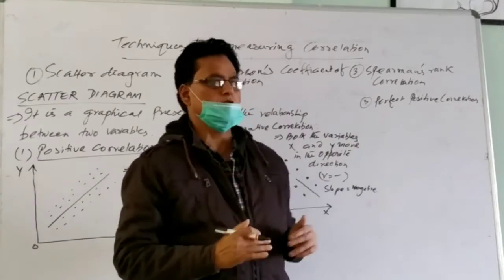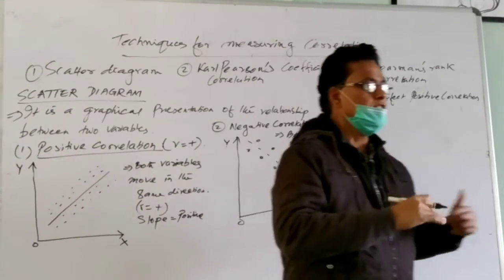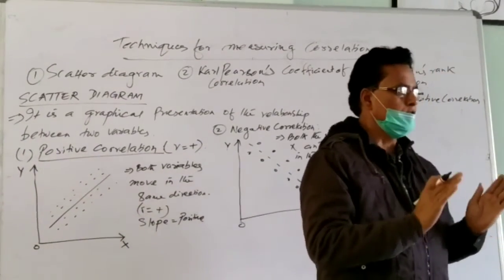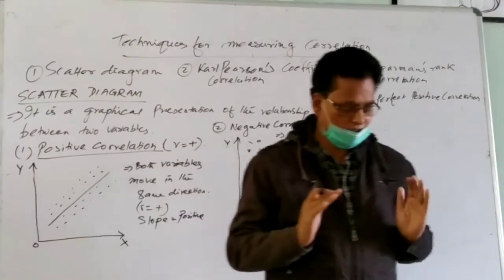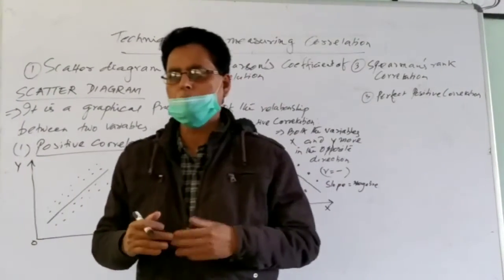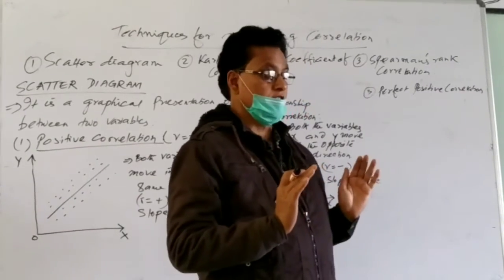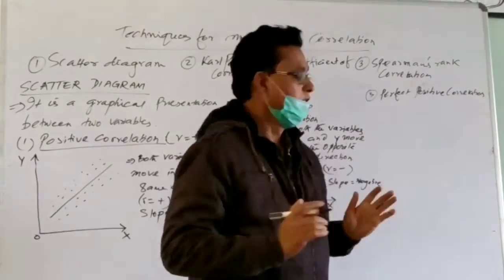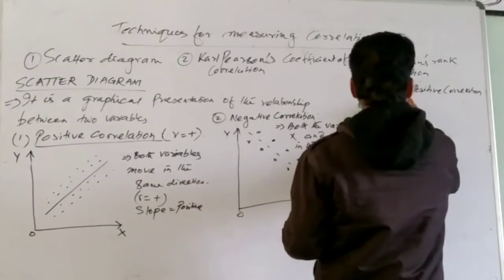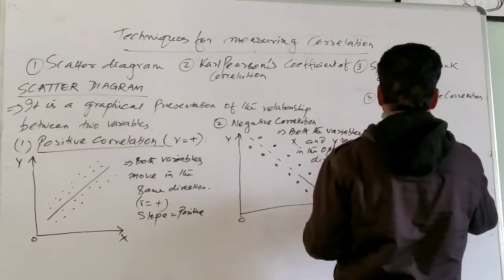In perfect positive correlation, the proportionate change in x and y is the same. The percentage change in x and in y would be the same, equal. Are you understanding? So take the example of percentage.